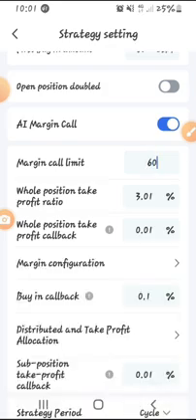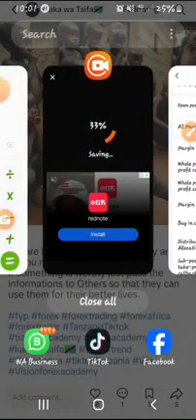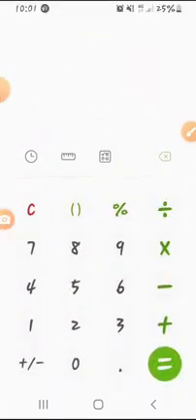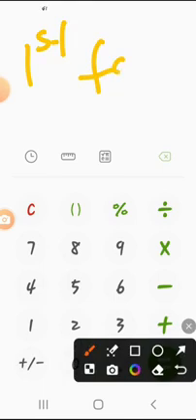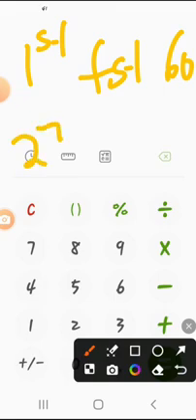But if you don't want to do that, then you can do a simple calculation. How are you going to do it? Just go to your calculator. Let me try to write it. My first binary amount is $60.